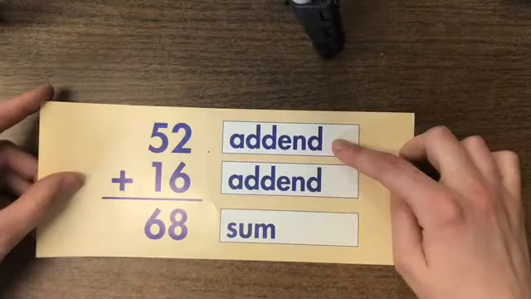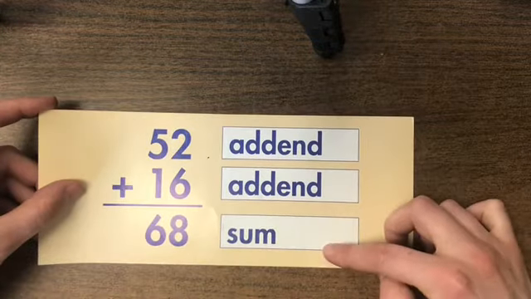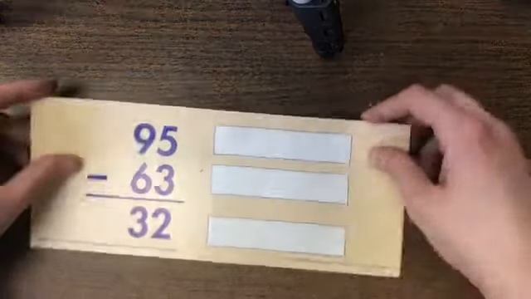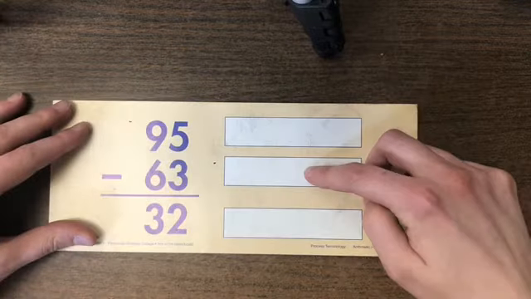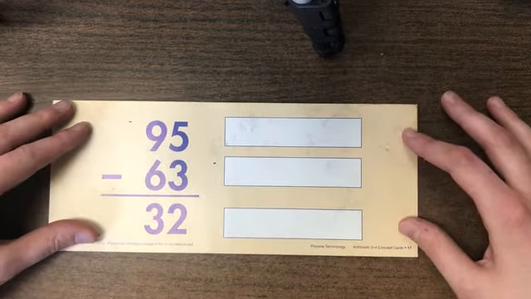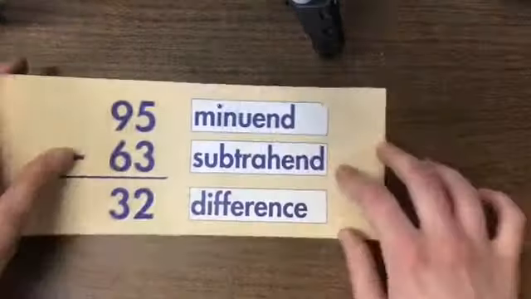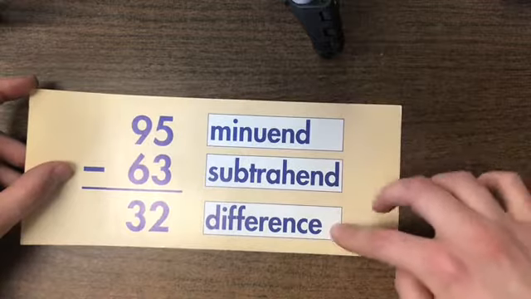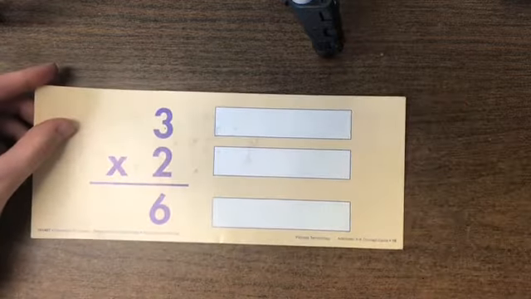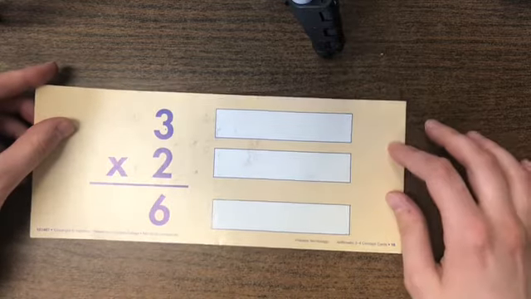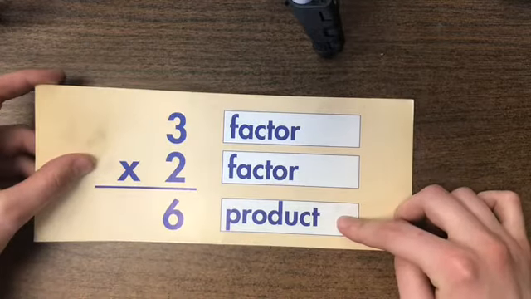Correct, we've got an addend, addend, sum. Then in a subtraction problem, what are the labels for each of these spots? Correct, minuend, subtrahend, and the difference. Then for multiplication, that's right, we've got factor, factor, product.